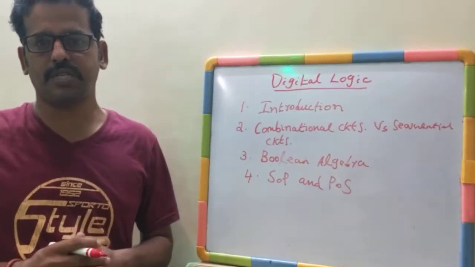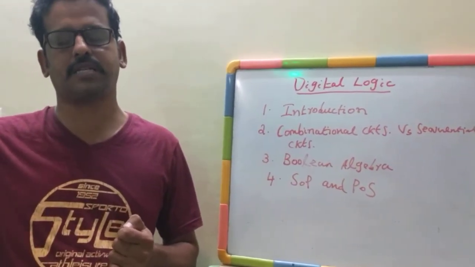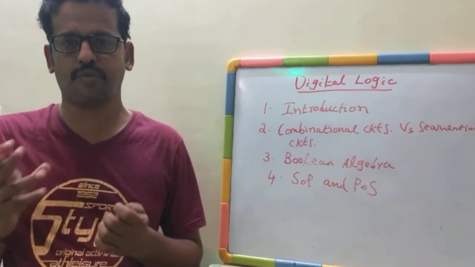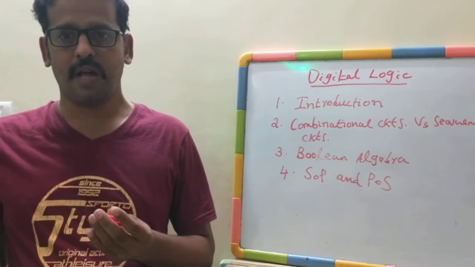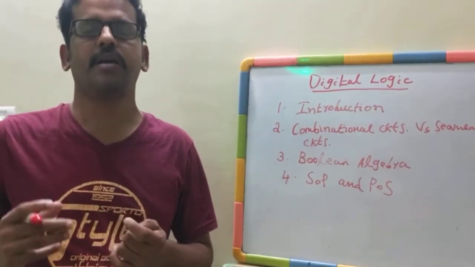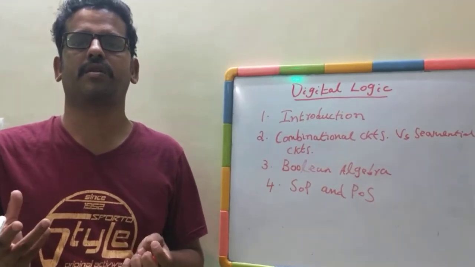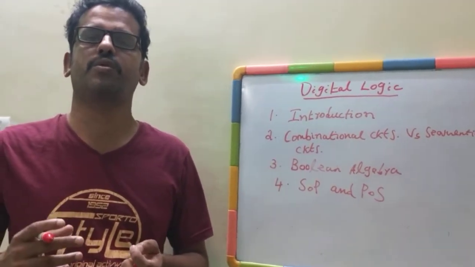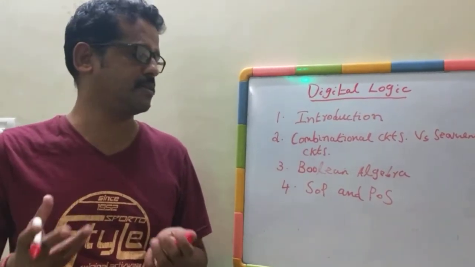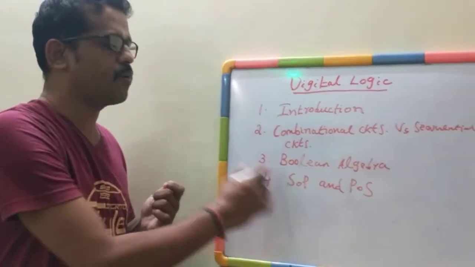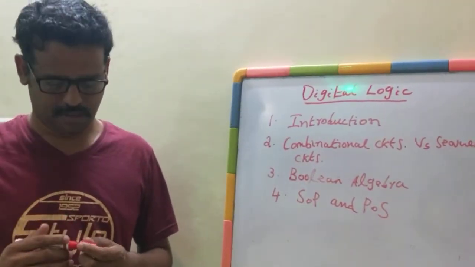It was proposed by George Boole, and it gives many Boolean theorems that are useful for simplifying the Boolean or logical expression, which in turn helps reduce the size of the logical circuit. This leads to reducing the size of the overall digital system. Then we are going to discuss sum of products and product of sums.